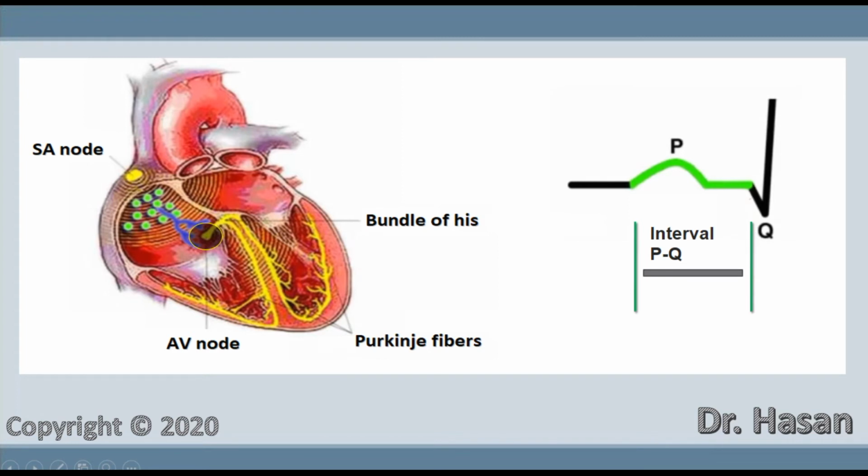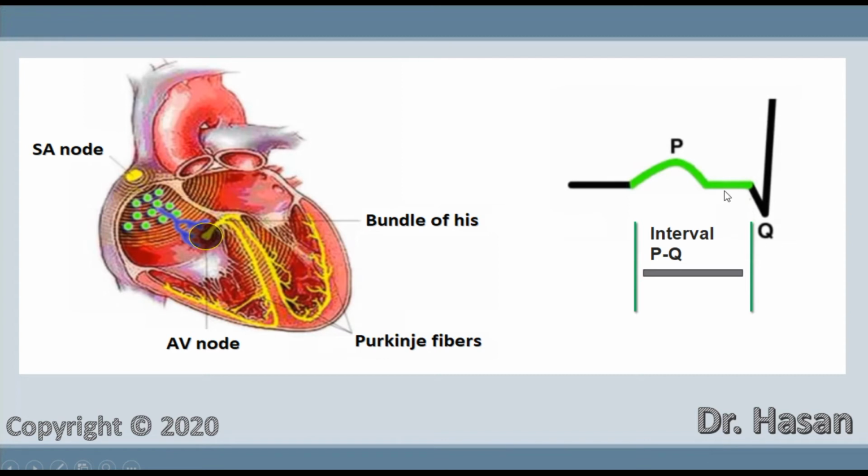Remember the number at the end of the first chapter, 0.08 seconds. This is the time for which the impulse is delayed, slowed down, kept in the AV node, while in this time the excitation of the surrounding myocardium does not occur.